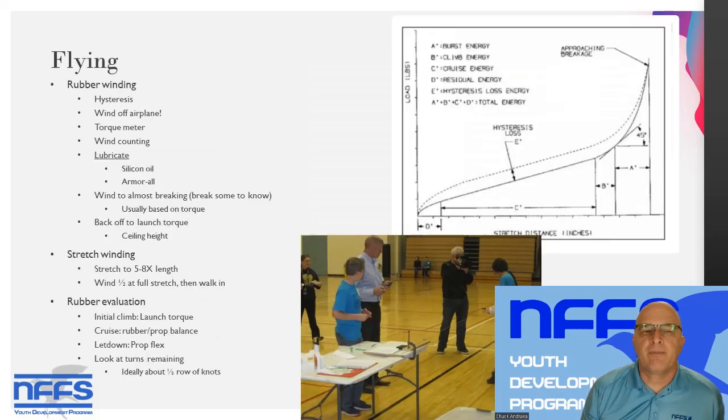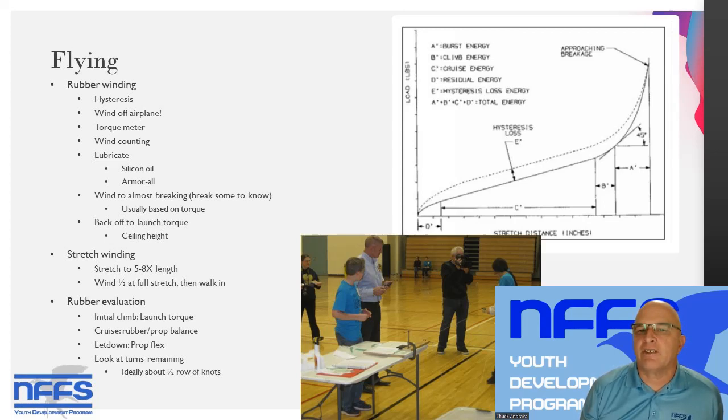A little bit about rubber winding. Rubber has what we call hysteresis. This means it winds up at a higher torque than it unwinds. There's some energy lost. So to fight hysteresis, what you need to do is wind the rubber almost to breaking. In this top chart, you can see the rubber has a linear increase in torque as you wind it.